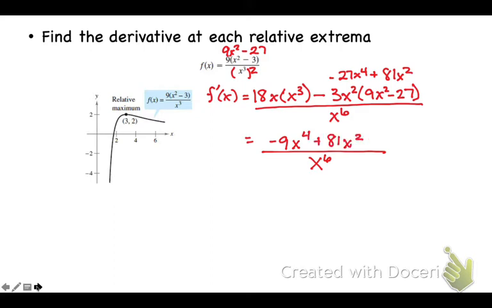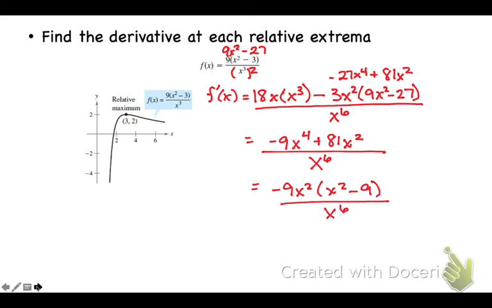Okay. Can I reduce? Yes. I can reduce out an x squared, can't I? I could factor it out. So if I factor out negative 9x squared, then we have x squared minus 9 over x to the 6th.